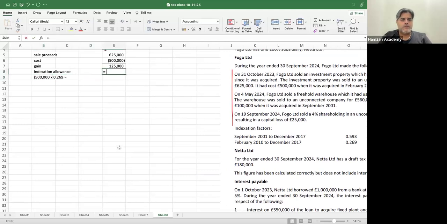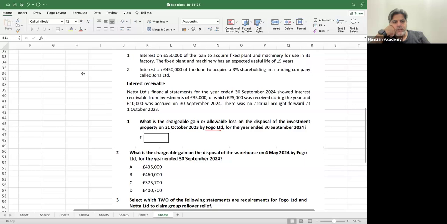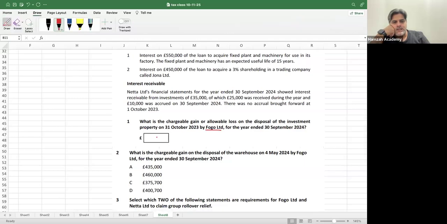So the allowance which I'm going to have is 134,500, higher than the gain over here. So indexation cannot create a loss. Technically speaking, this is going to be 0 over here. The gain is 0 because my indexation allowance is on the higher side. So £0 is going to be the answer.